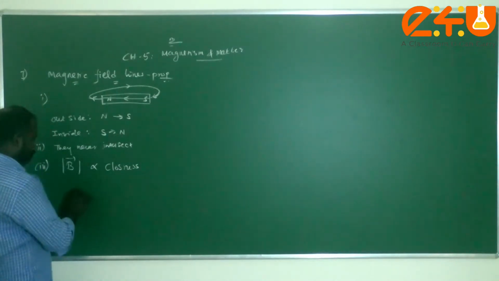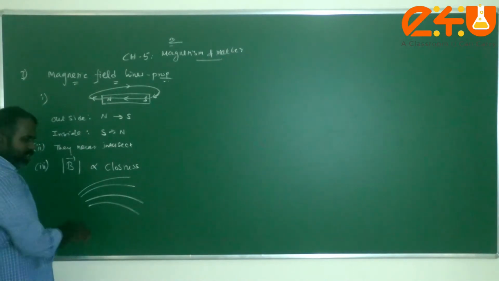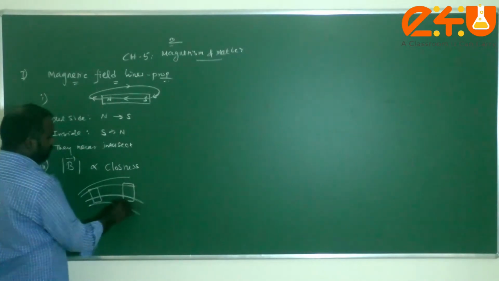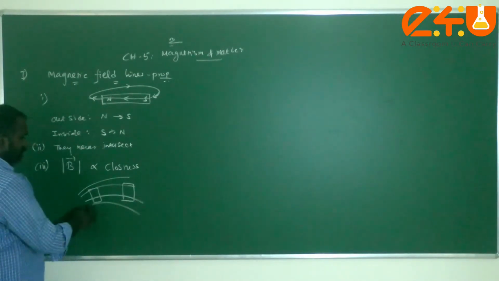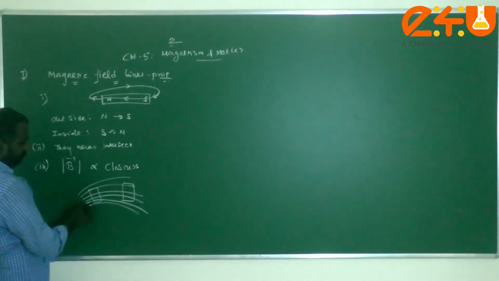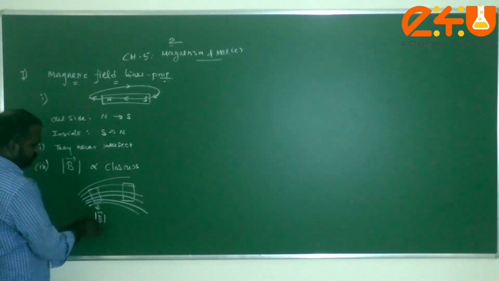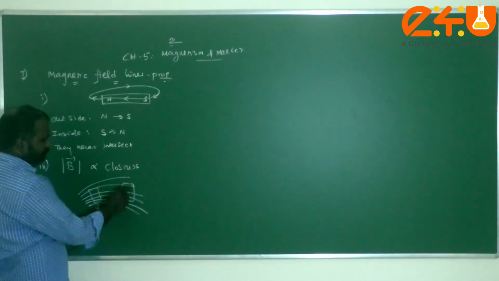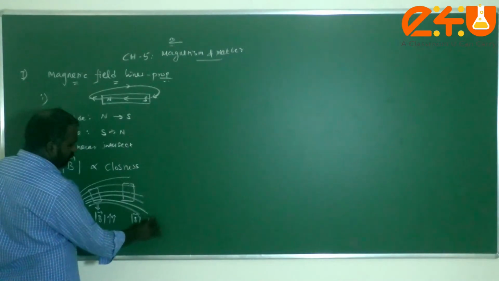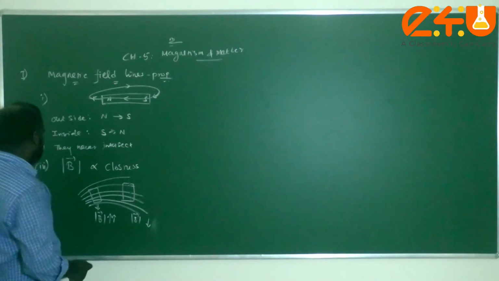Closeness of the magnetic field lines. For example, consider a non-uniform magnetic field and two regions with the same imaginary cross-sectional area. More field lines pass through one area, so the magnetic field value is more there compared to the other, where fewer field lines pass. So here the magnetic field is more, and there it is less because the number of field lines is very small. That is another property.